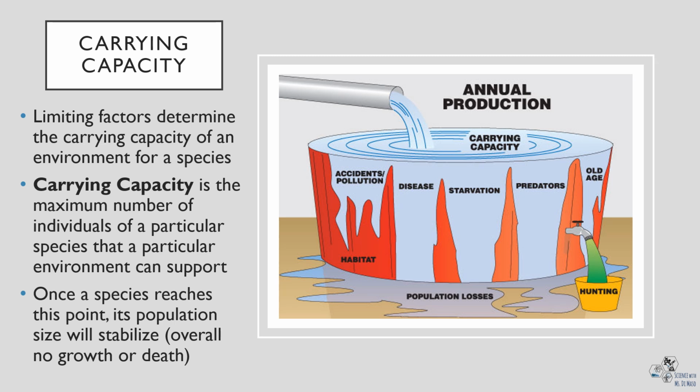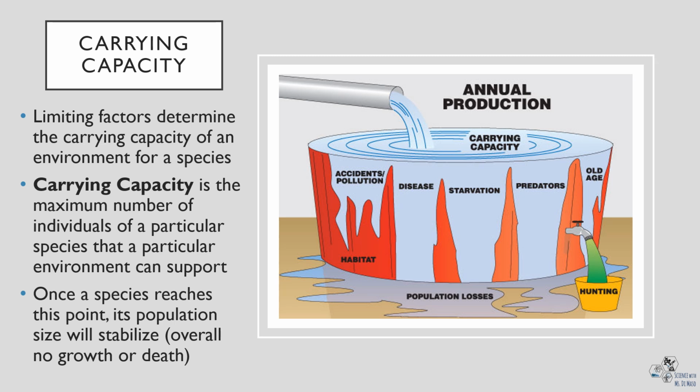So limiting factors are going to put a cap on that population size, and we call that cap the carrying capacity. This is the maximum number of individuals of a particular species that a particular environment or community or ecosystem can support. So things like, are there predators?